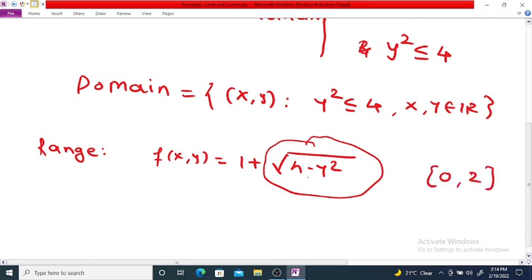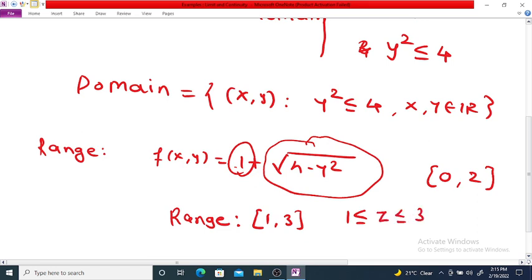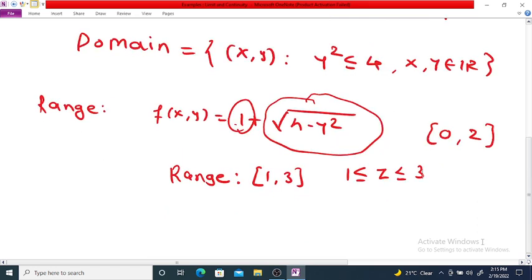For if y is 0, then it is 2, and if y is 2, it is 0. So that range is 0 to 2, but since we add 1 every time, the range is 1 to 3, or in other words 1 less than or equal to z less than or equal to 3, where z is equal to f of x, y.